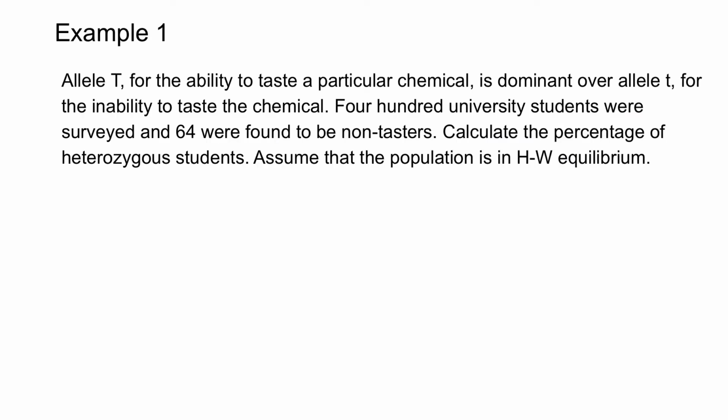It says allele T, capital T for a dominant allele, represents the ability to taste a particular chemical, and it's dominant over allele little t for the inability to taste the chemical. 400 university students were surveyed, and 64 were found to be non-tasters. Calculate the percentage of heterozygous students.